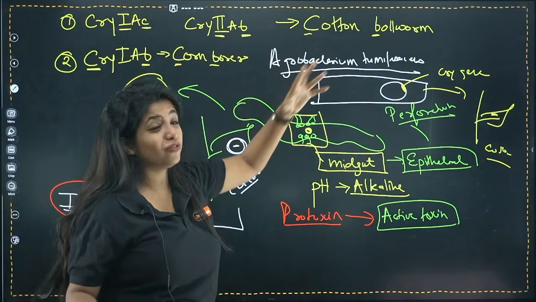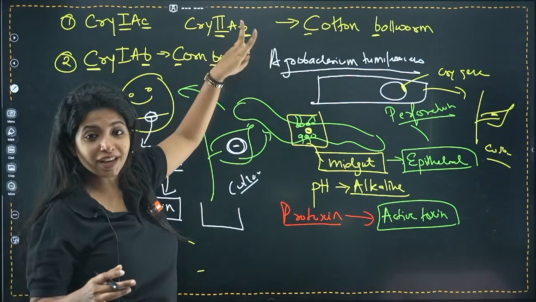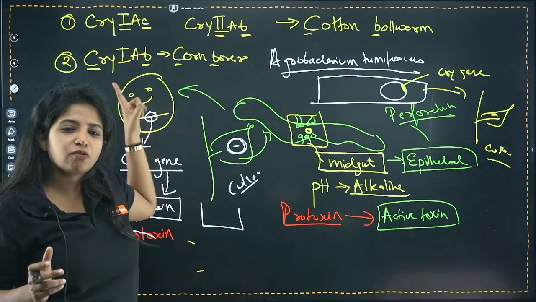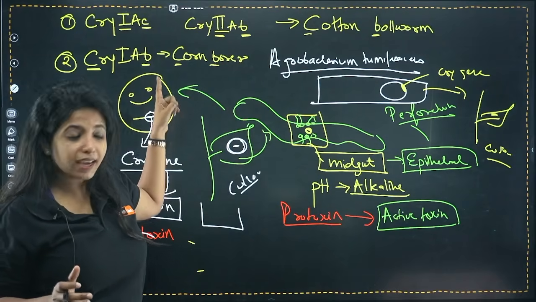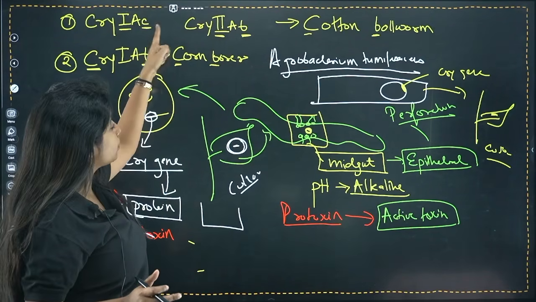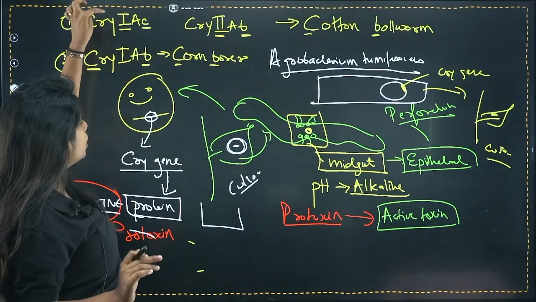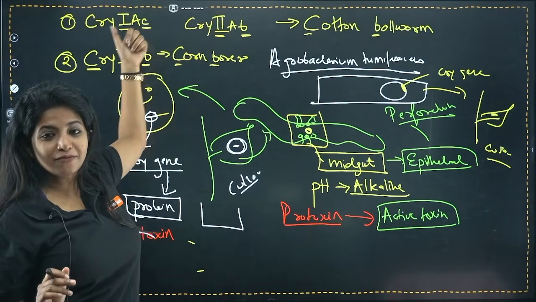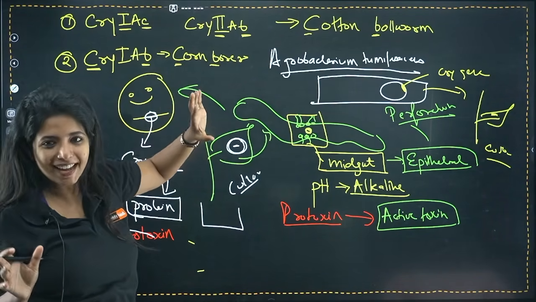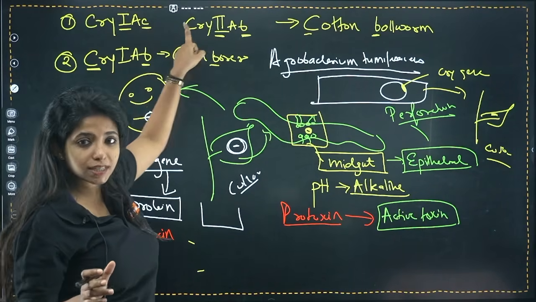But remember, cotton bollworm is a bigger name, which is why you need two genes, and corn borer is a small name, which is why you just need one gene. Okay, so why I have told you the first letter starts with C, remember it like this, because mostly what happens is that we write 2AC there and 1AB over here. Don't make that mistake. Okay, so the first letter starts with C, cotton.